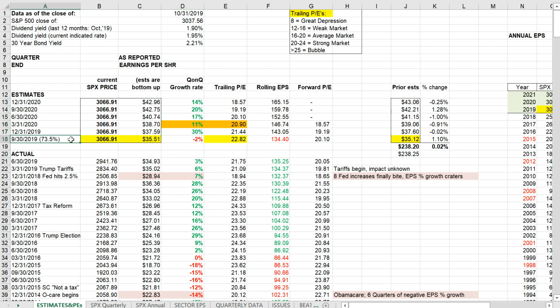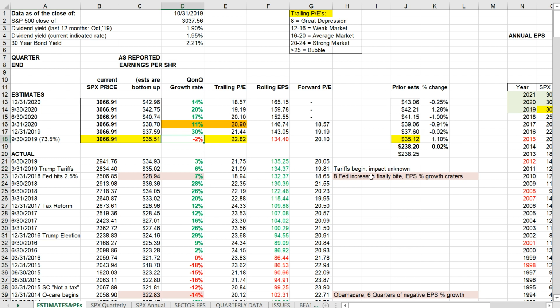Currently, we are 73% reported of the S&P 500 companies. The quarter-on-quarter percentage growth rate is minus 2% right now. That just sucks. And that explains why in the months prior, the trading in the market's been excruciatingly hard, because this growth number just stinks.